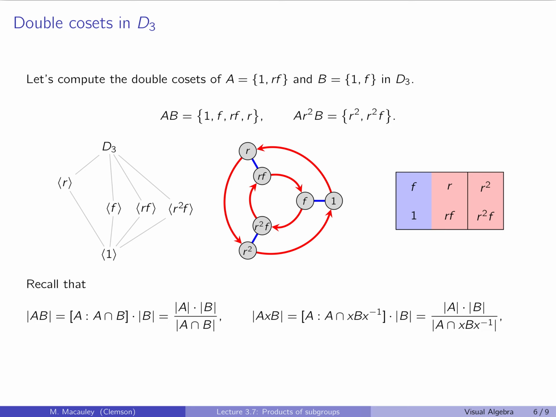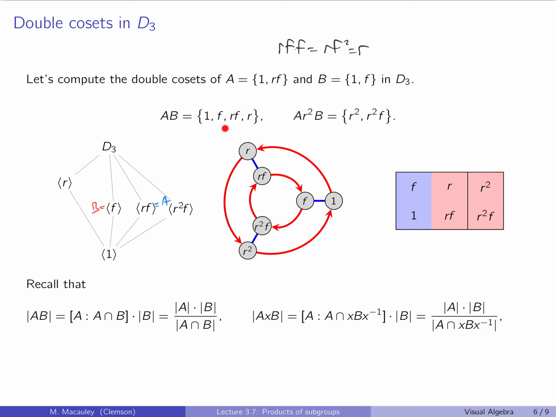So let's say this is A right here, and this is B. There are two elements in here, and two elements in here, so there are four products we can make. 1 times 1 is 1. 1 times F is F. RF times 1 is RF, and RF times F equals RF squared, which is R. So we get four elements right here.